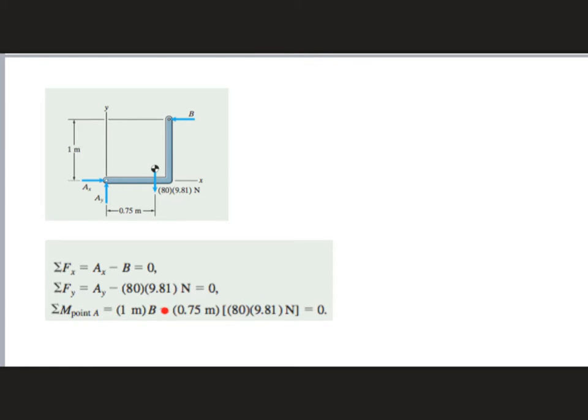Again, positive and negative are determined by the sense of rotation. So if this is my axis, this force is going to tend to make it rotate clockwise, which is negative. This force is going to tend to make it rotate counterclockwise, which is positive. And so that's why the signs are what they are. And when you plug and chug, you get the same answers that we got before.